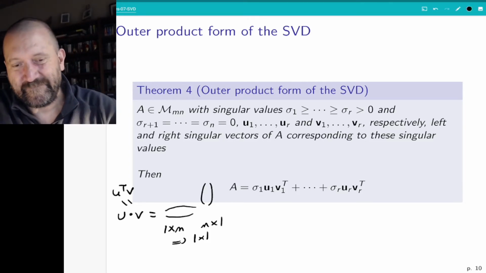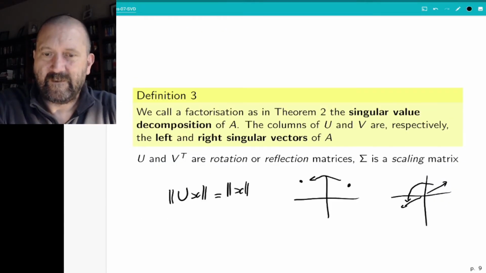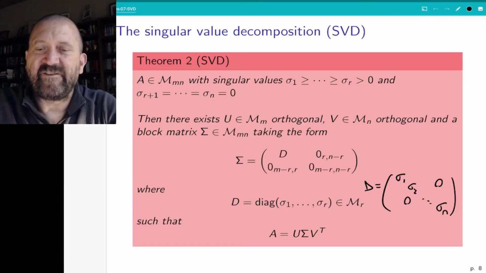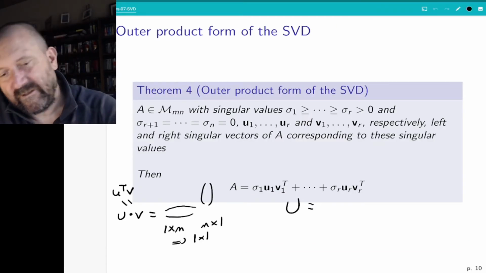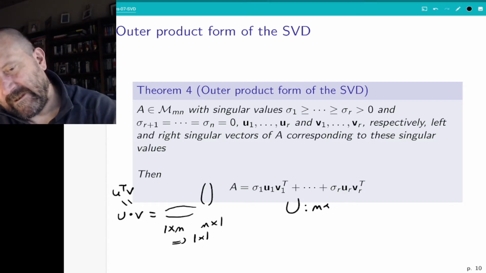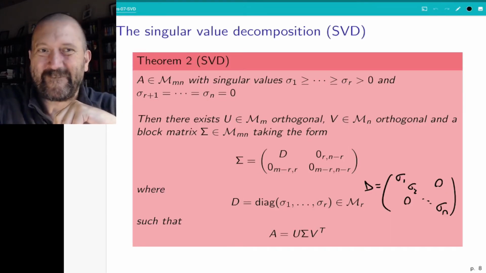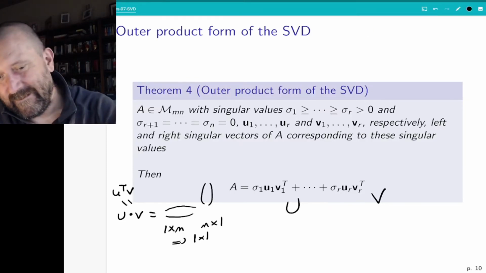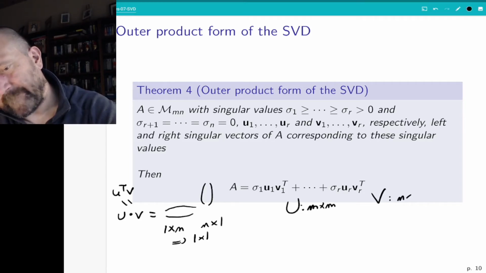U, if you remember, U is the matrix U. Okay, let's go back to the theorem so you see it. The matrix U here is in m by m, and the matrix V is in n by n. So when I'm looking at things here, U is n times n, and V, did I say m or n? Never get it right. U is m by m, and V is n by n.